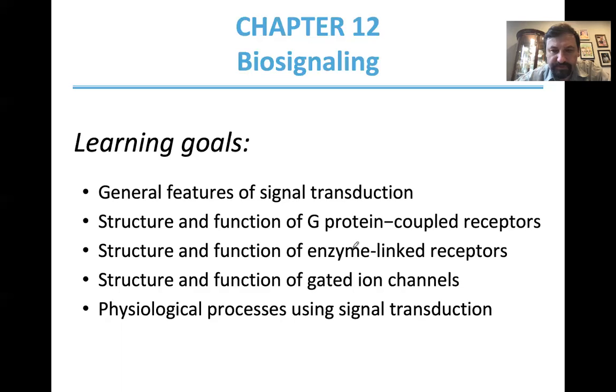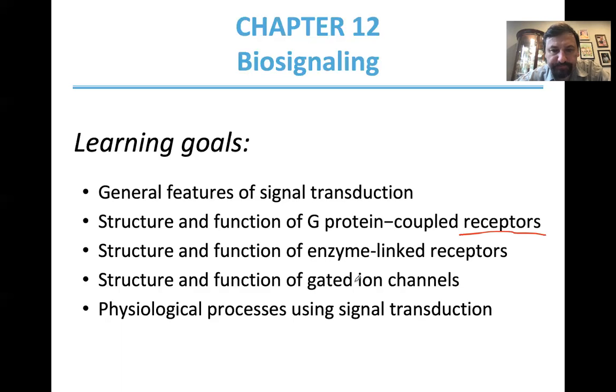So we'll talk about some of the main kinds of receptors which are involved. So receptors, the word itself kind of makes sense, right? Something that receives a signal. So we'll talk about G protein coupled receptors, a very common type of receptor. We'll talk about enzyme linked receptors, right? So there'll be a small molecule that may inhibit or activate enzymatic function.